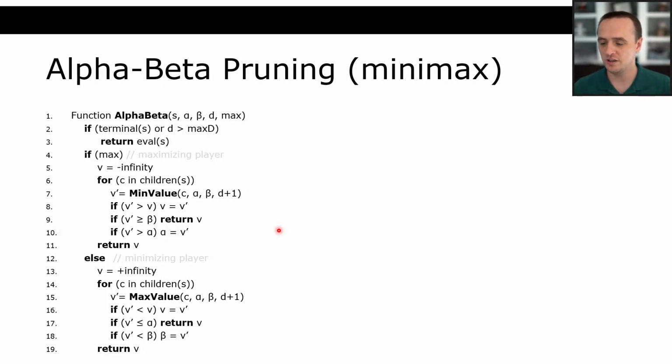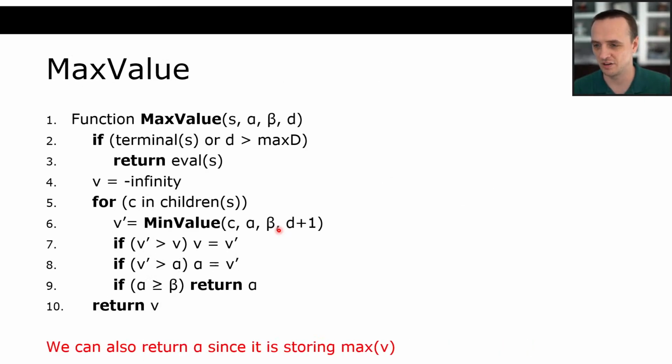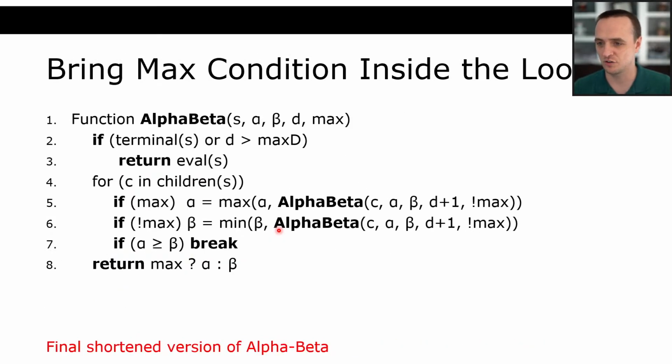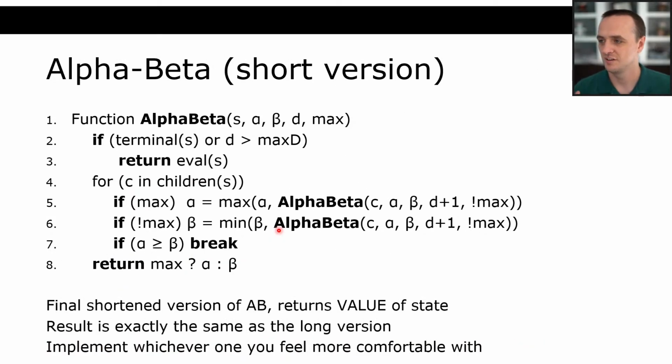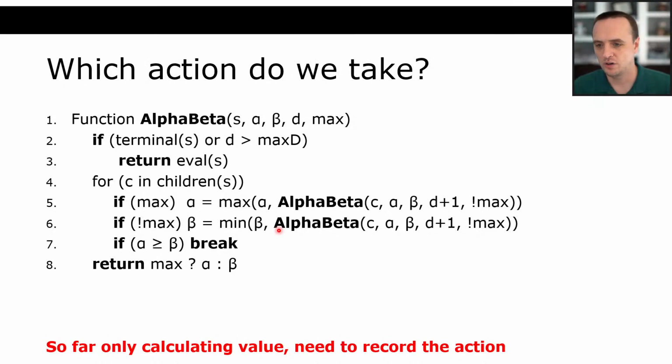So hopefully you appreciate that derivation, because I had been doing MiniMax for 10 years before someone actually stepped me through this. But here's the last part that I have to talk about. In this algorithm, all we do is calculate the value, right?